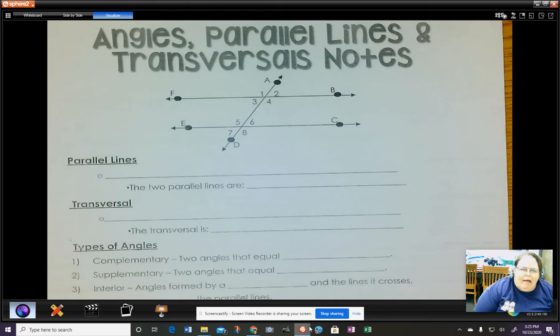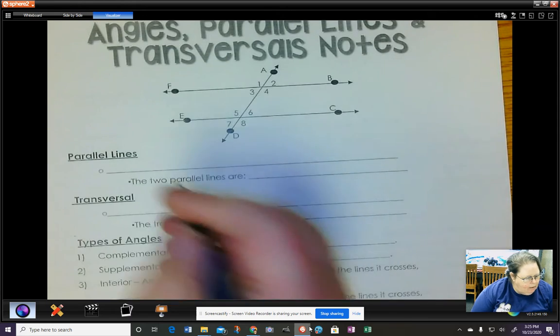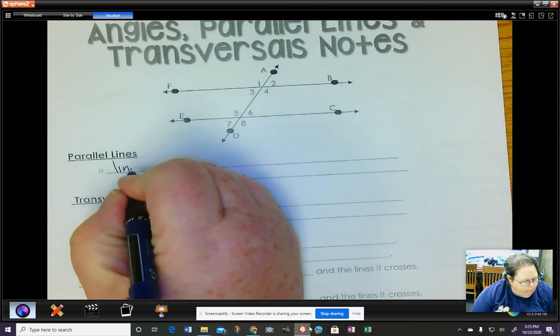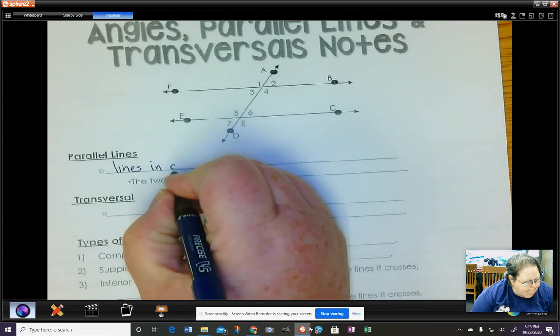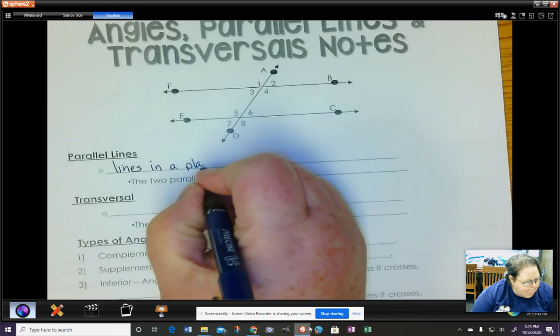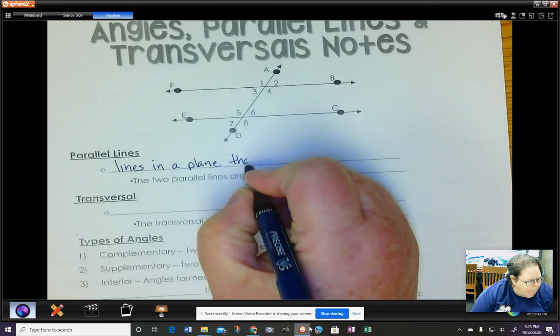So today we're going to talk about angles, parallel lines, and transversal notes. There's also a video online that Khan Academy did that is also very good to watch. So let's recap. Parallel lines are lines in a plane that never intersect.